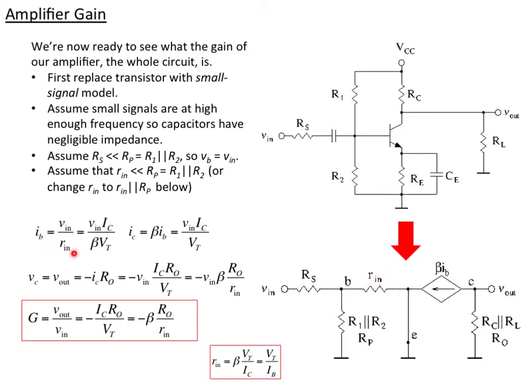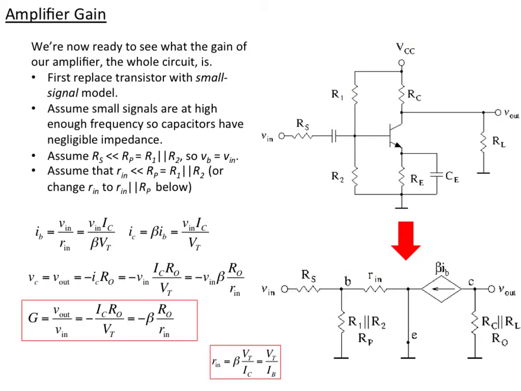And then we plug in the value for Rn, and we get this value for I sub B: Vn times the quiescent value IC, over beta and the thermal voltage. To find IC, we just multiply that by beta. That's given by our current-controlled current source, and so that just kills the beta here, and we have Vn times IC, the quiescent current, over the thermal voltage.